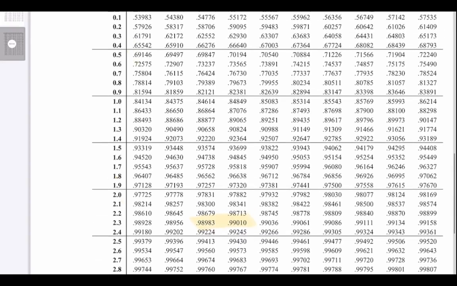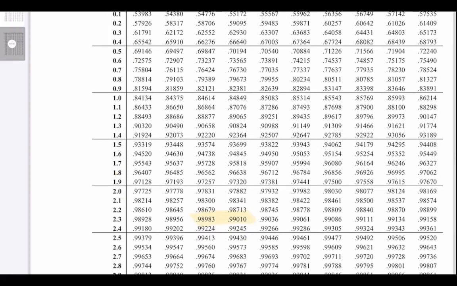To the extent that we have 0.99010, let's just use 2.33 as our critical value. Given the luxury of computation, you could find a more precise value, and if you were to type that in, the more precise value is actually 2.326. But for the sake of this example, we're just going to use 2.33.